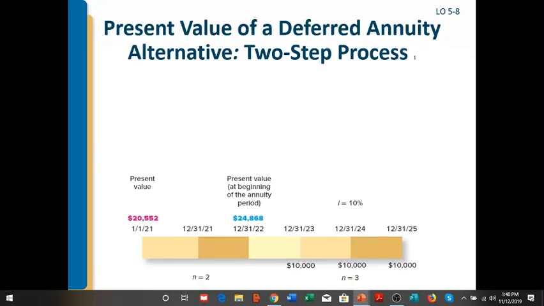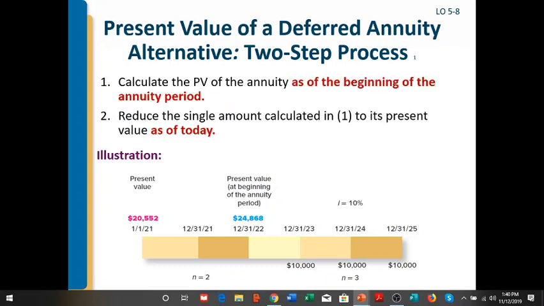Now you could do it another way. You could figure out the present value at the beginning of the annuity period of this amount, and then reduce it to a single amount calculated in present value as of today.